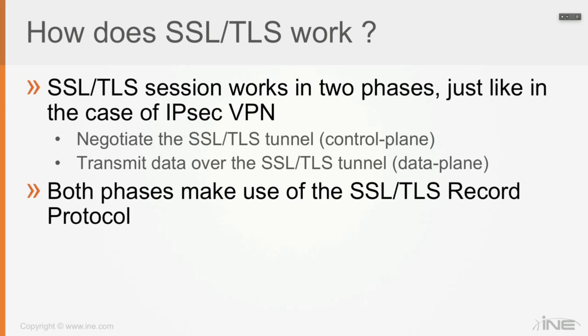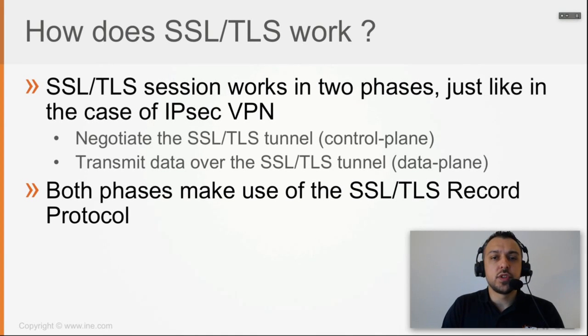Now, both of those phases make use of what is called the SSL/TLS record protocol. That's because, if you think about it, each of those protocols, LDAP or FTP or HTTP, were not designed to secure the traffic. Likewise, at layer 3, we don't have a dedicated protocol built into the IP scheme to secure traffic.